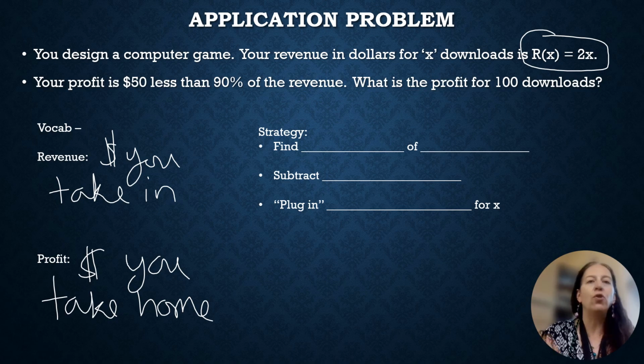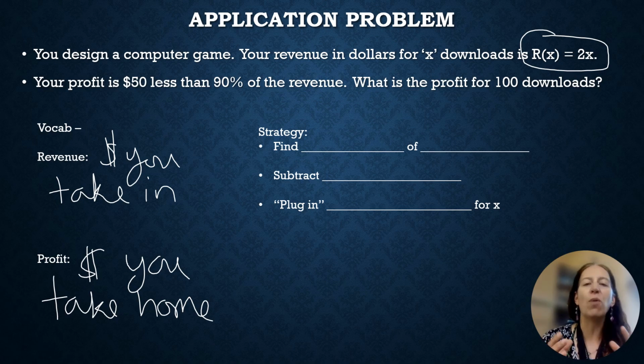So you're going to bring all this money in, but some of it is going to go out to your business expenses. Your profit is what you have left over when all of that is done. So the revenue is the money you take in. The profit is the money you're actually taking home.